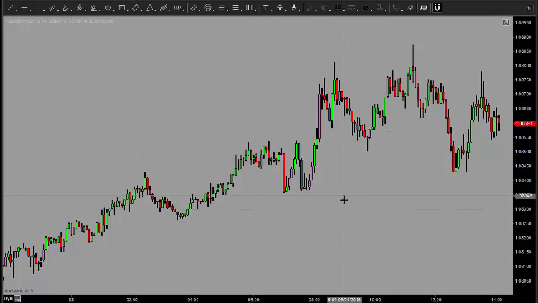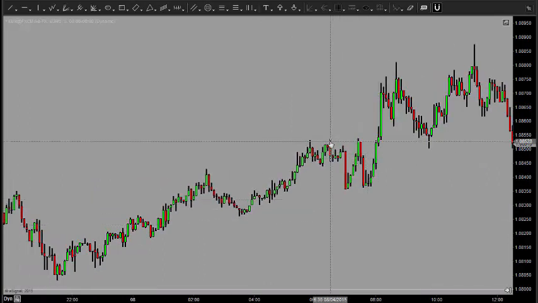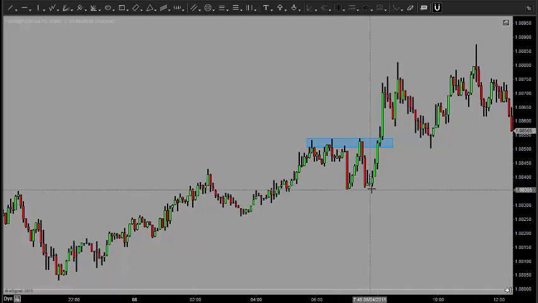Take this morning, for example. Earlier this morning, if we look at this phase, I'm going to draw it on with a rectangle here. There was a phase running across the tops and bottoms of the bodies, where there was plenty of supply at that stage, and there was demand kicking in below.